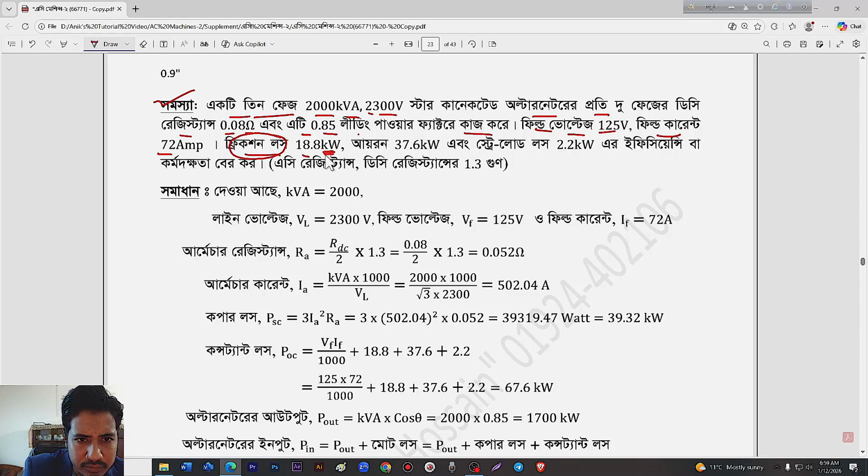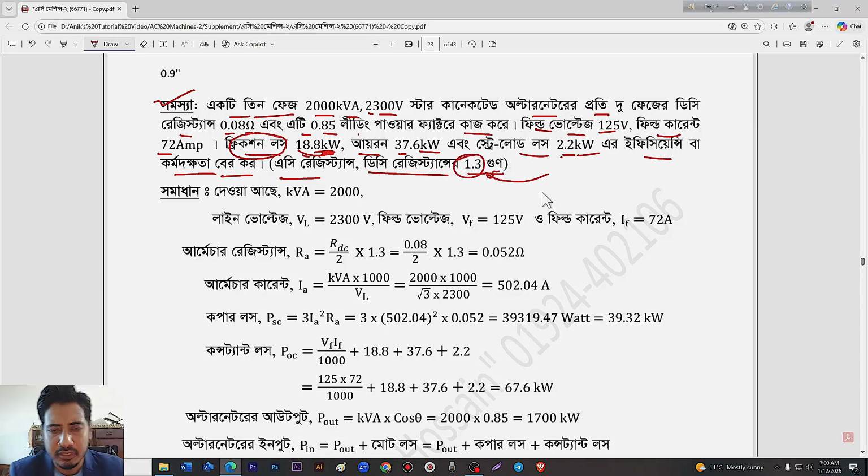This value is given in kilowatt, that's why we have to find out the kilowatt. Iron loss 37.6 kilowatt and stray load loss 2.2 kilowatt. Find out the efficiency, and here AC resistance will be 1.3 times DC resistance. This is a very significant value given here, right?